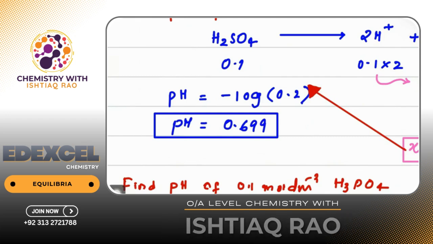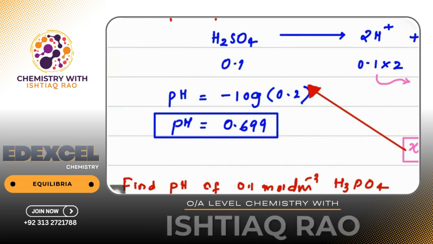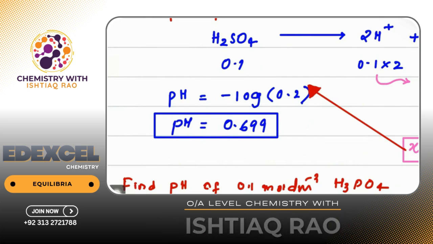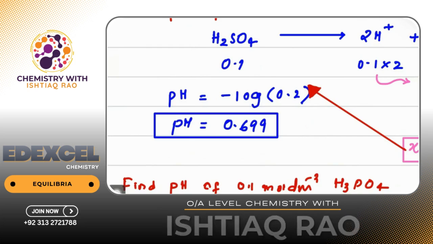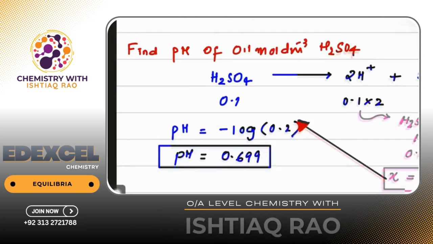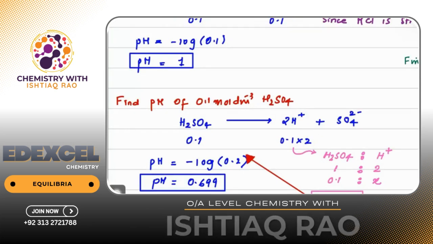Can I just copy down the um Yes. pH of 0.1 mole DM3 or Yes. Yes. H2SO4 Yes. Yeah, because I exactly. can't see it. Thank you.